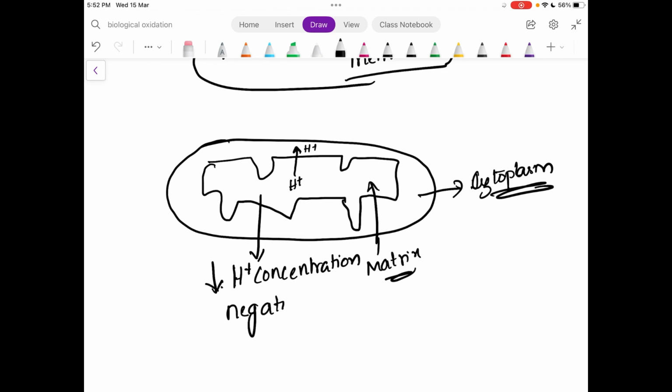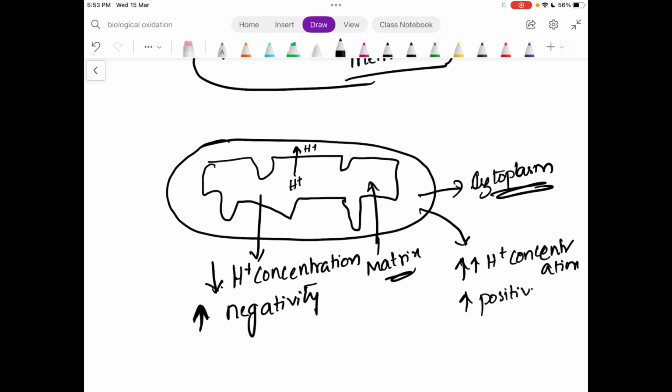Negativity is increased. Inside the matrix, it becomes more negative, and outside the matrix in the cytoplasm, there will be increased H plus concentration and more positivity. This is what happens with the movement of protons from the matrix to the cytoplasm side.